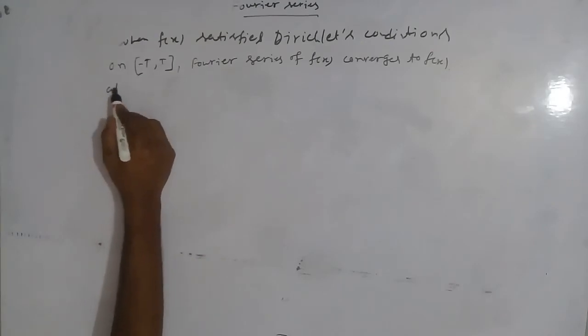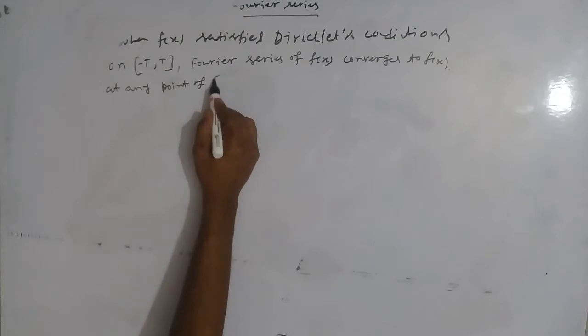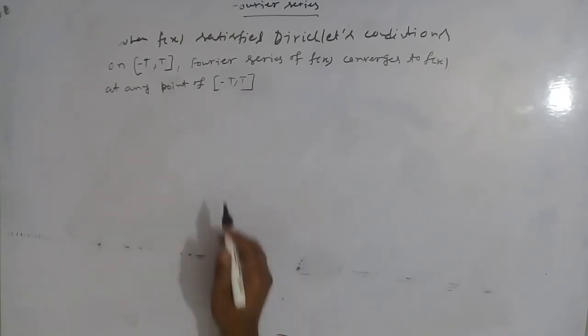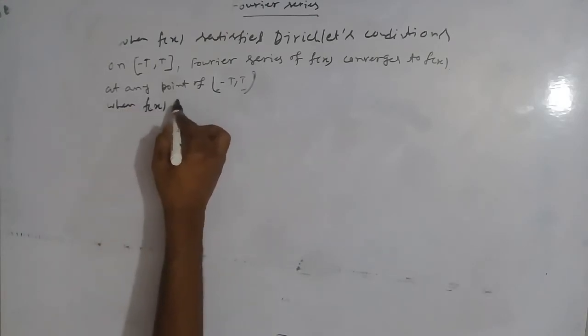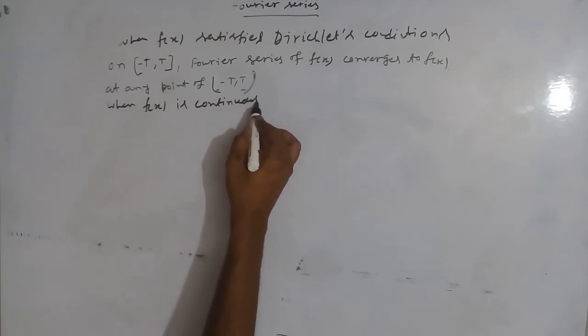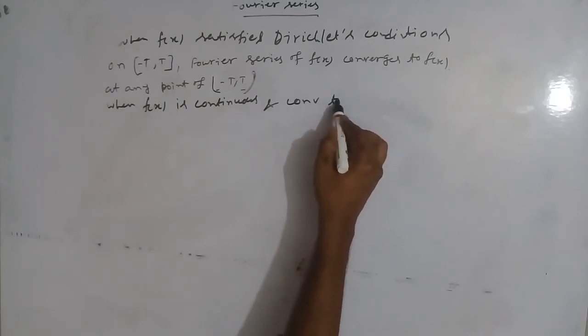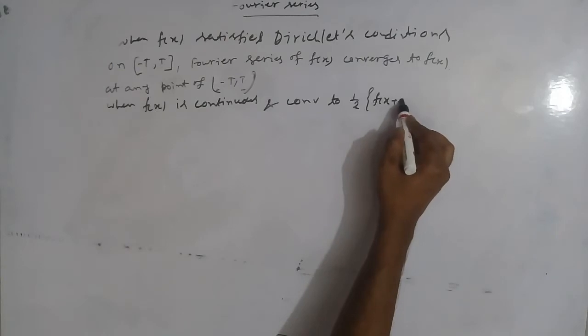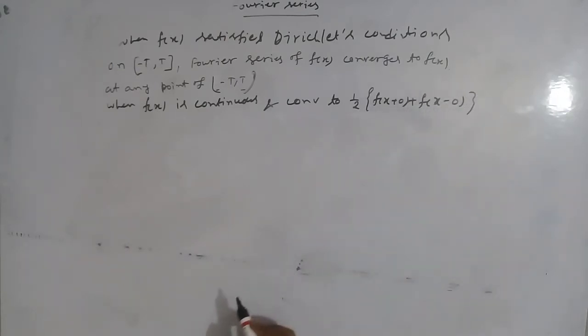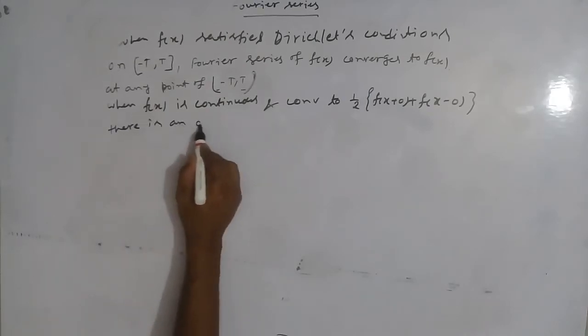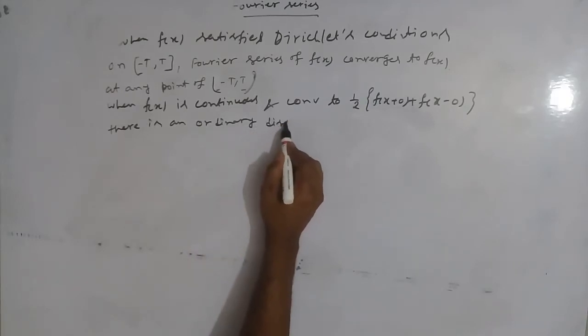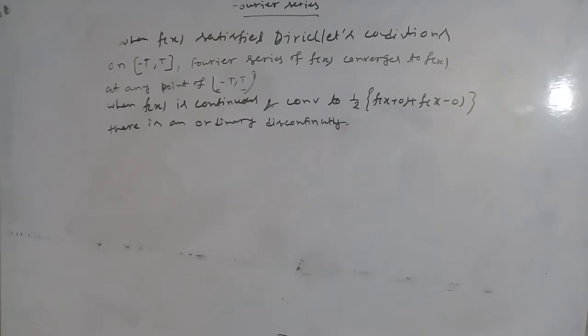At any point of the open interval minus t to t, when f of x is continuous, and converges to half of f of x plus 0 plus f of x minus 0 when there is an ordinary discontinuity at the point.